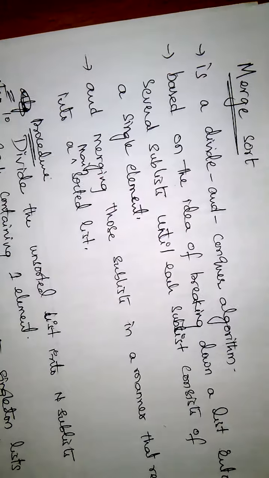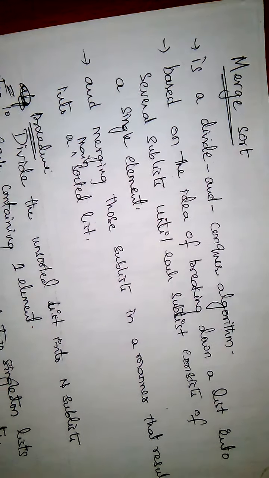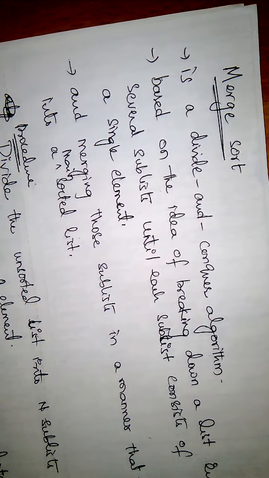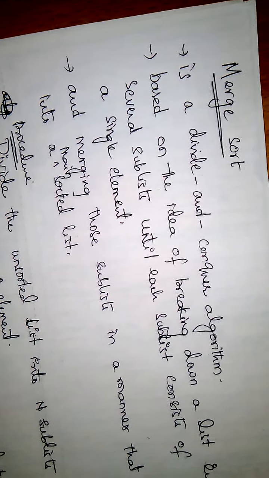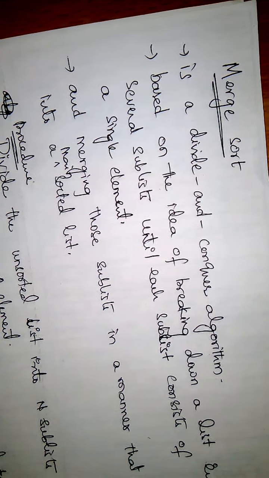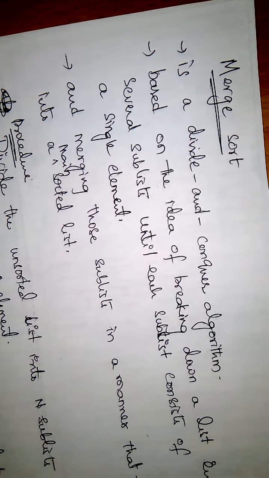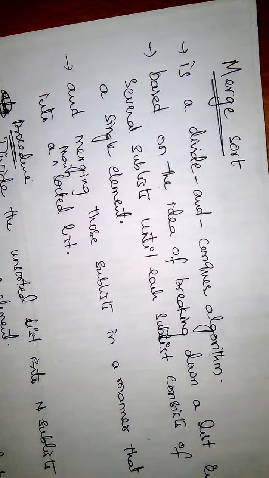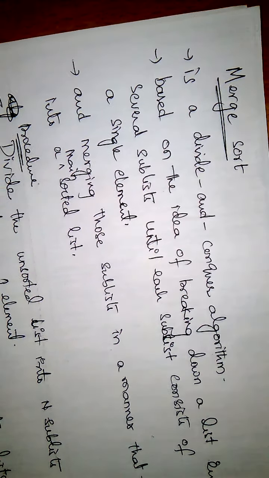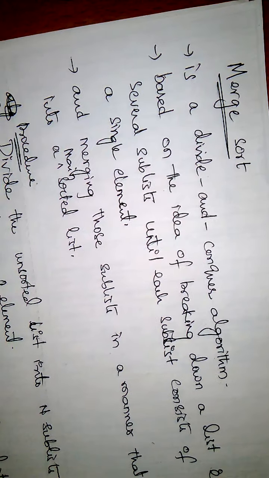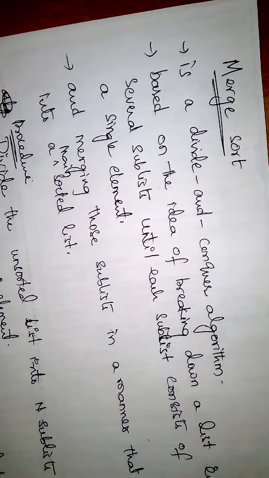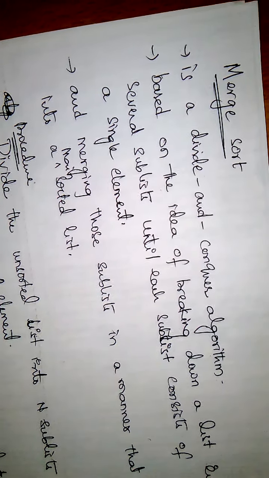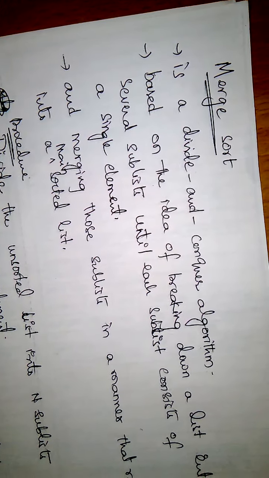This is the main idea of merge sort: to divide a list of elements into sublists recursively until a sublist contains a single element, then compare adjacent elements and the next adjacent sublist, and merge those sublists into a single sorted list.